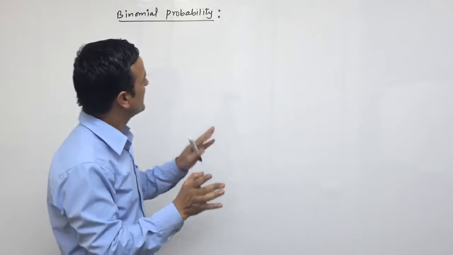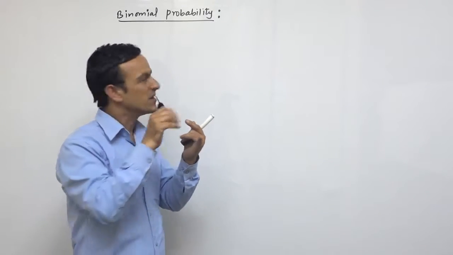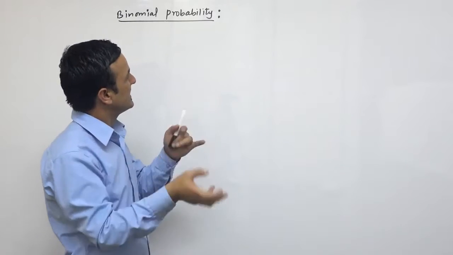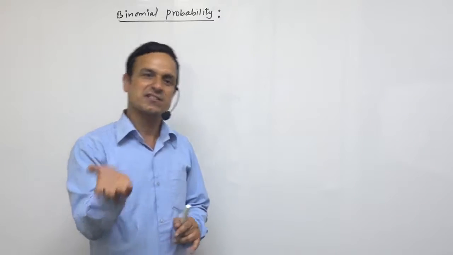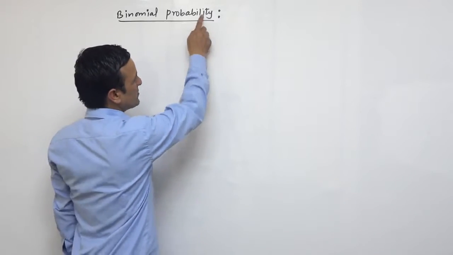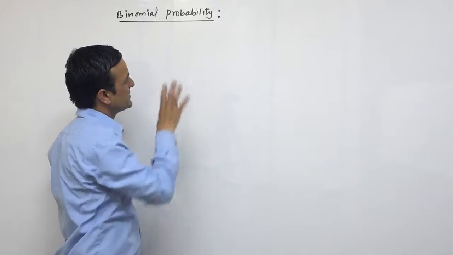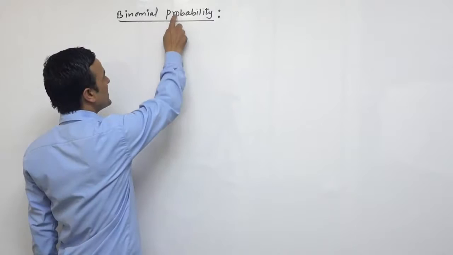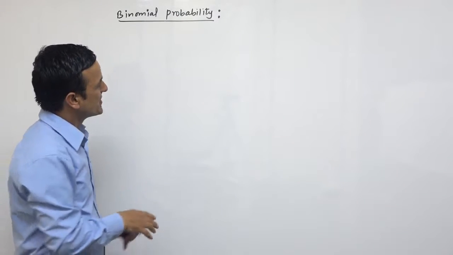Success means the event which occurs in an experiment, and failure means it is just the opposite of success, so it is not happening. So failure means the event not happening in this experiment. So we study about 2 events in this content.